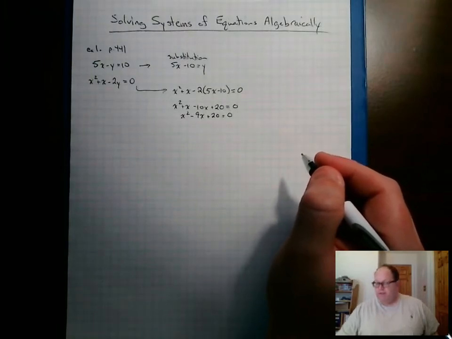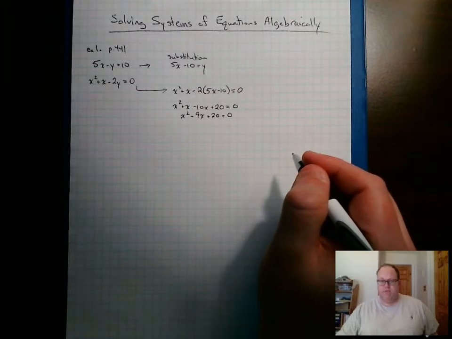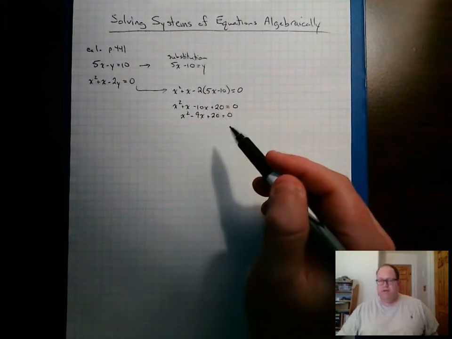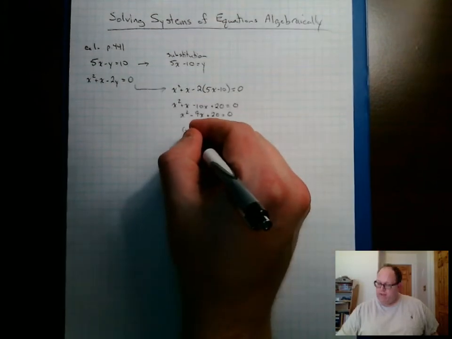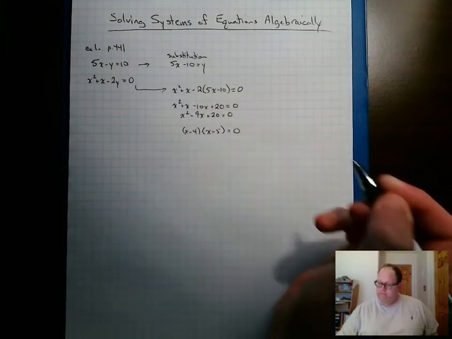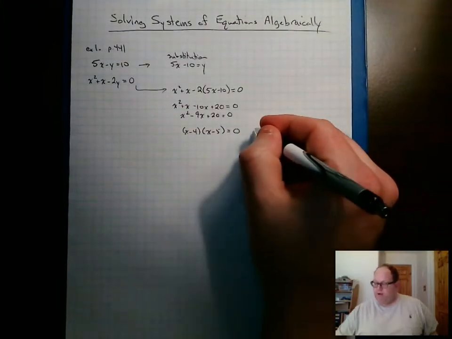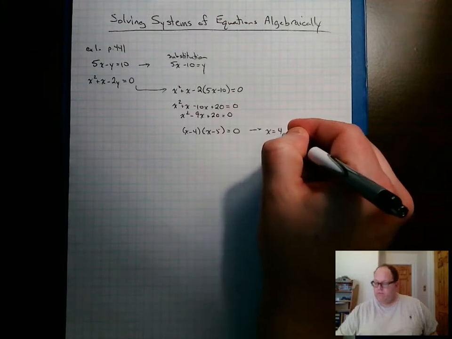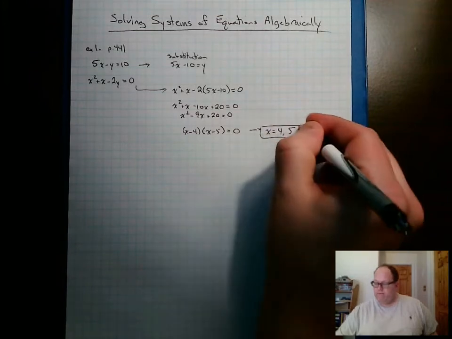In this particular case, factoring looks like a nice way to go. If I have two numbers that add up to negative 9 and multiply to 20, in this case that would be x minus 4 and x minus 5. If that product equals 0, then that leads me to statements that x equals 4 or x equals 5.